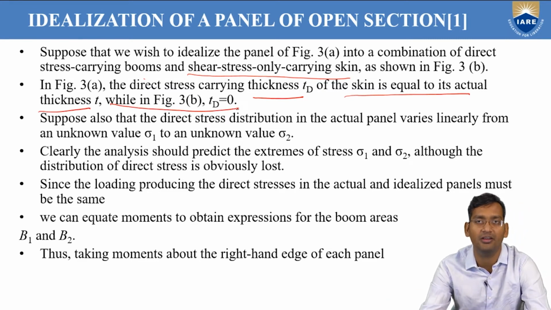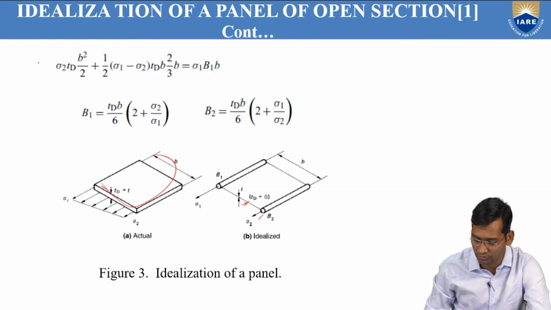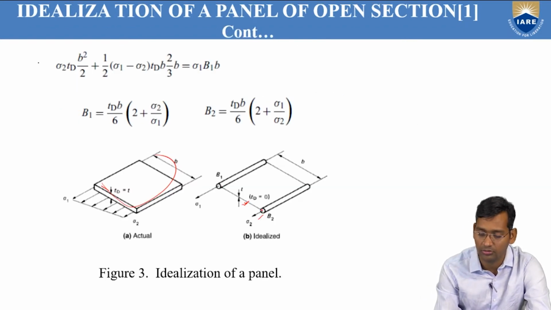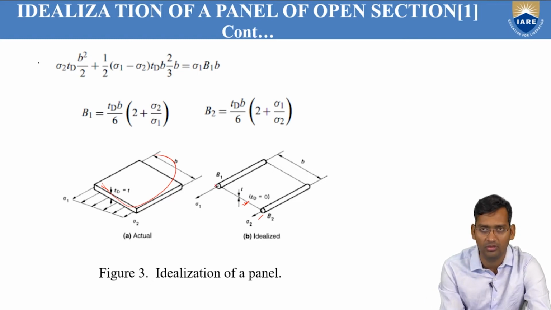So after idealizing, the direct stress carrying thickness becomes 0. Suppose also that the direct stress distribution in the actual panel varies linearly from an unknown value sigma 1 to an unknown value sigma 2.